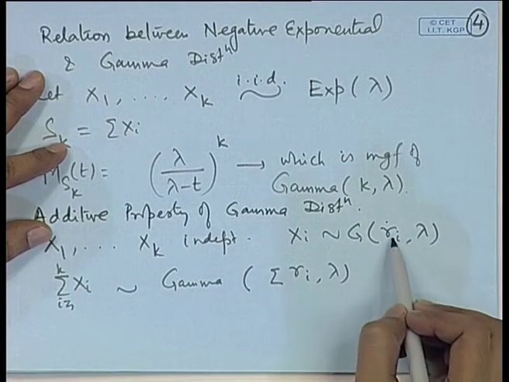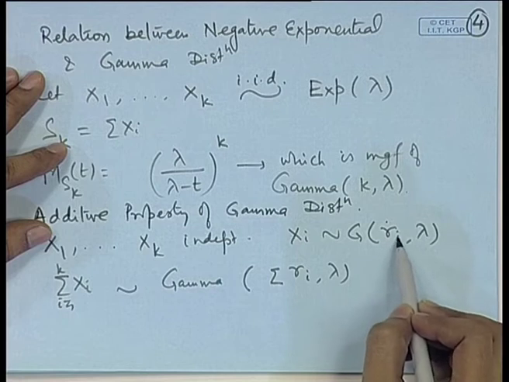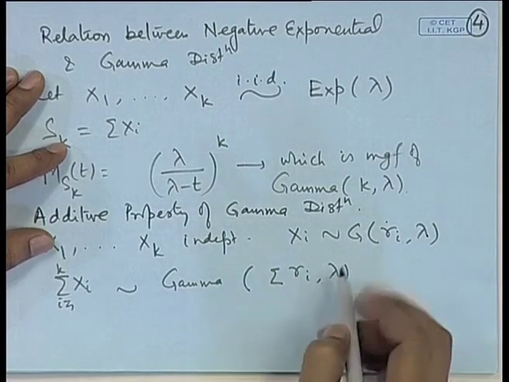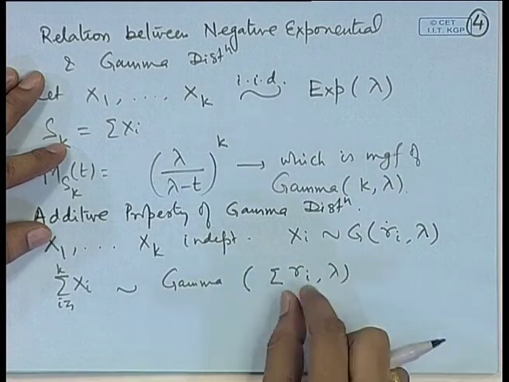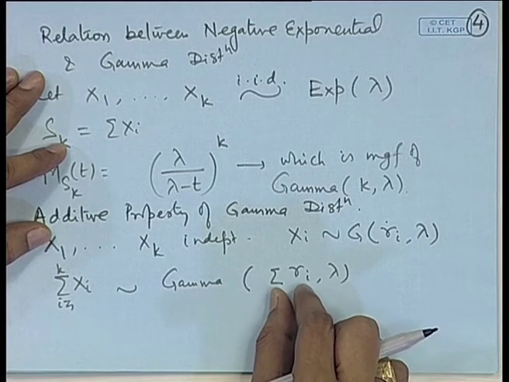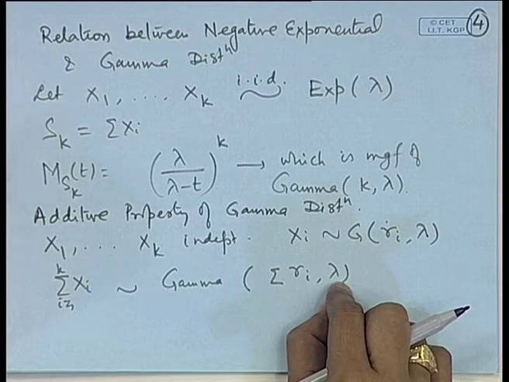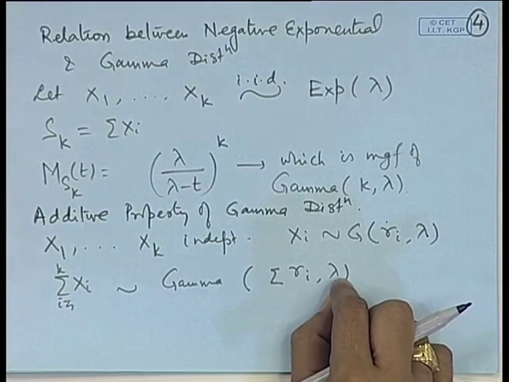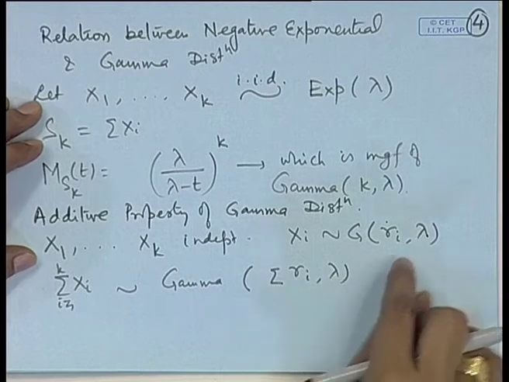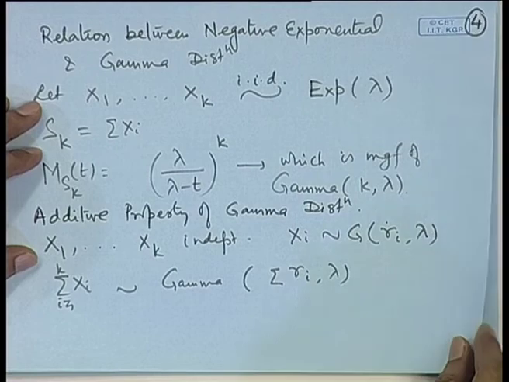Because here we can consider Xi as the waiting time for the first time ith occurrence in a Poisson process with rate lambda. So, when we add these timings, it means that it is the total waiting time for sigma ri occurrences in a Poisson process with rate lambda. Therefore, this gamma distribution also satisfies an additive property, provided the Poisson process parameter remains the same.